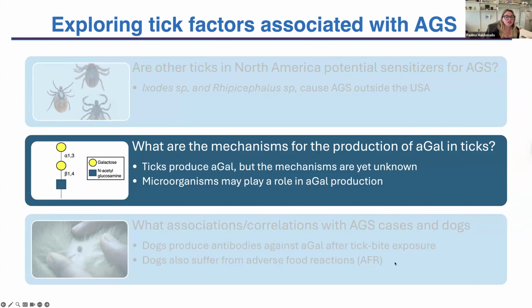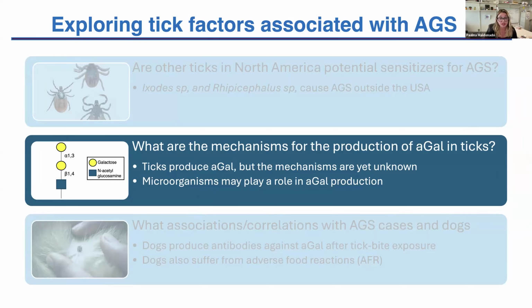Now, moving into that, what we know so far is that the ticks produce alpha-gal, right? It seems like it's not as simple as they're picking it up from the host. It very well may be in the case of bovine blood, but when you're feeding the ticks on human blood that is not known to have alpha-gal, and we see it there, then it's safe to assume that it's being produced by the tick.